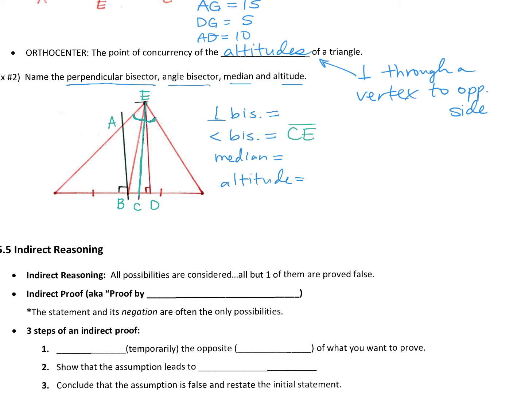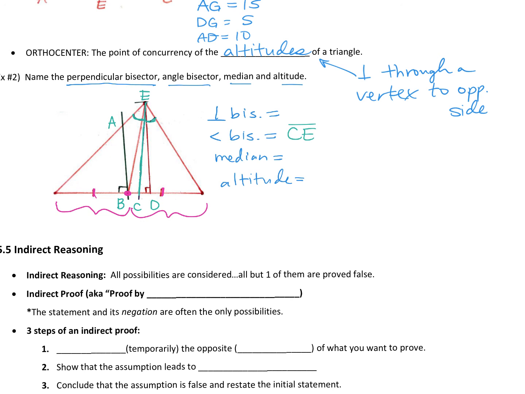Can you tell me the median? And just to clarify, these two are the two pieces that are congruent with those congruent markings. So B is the midpoint. Okay. So what is your median?